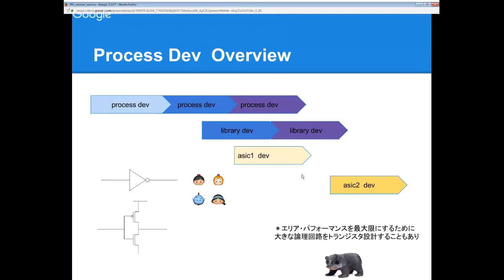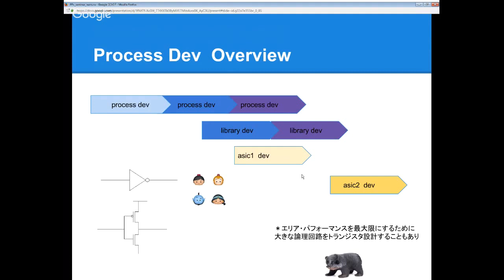Here is the process development overview. First, we develop some technology node. At that time, first we define the process, so we check the characteristics of the transistor and such things.